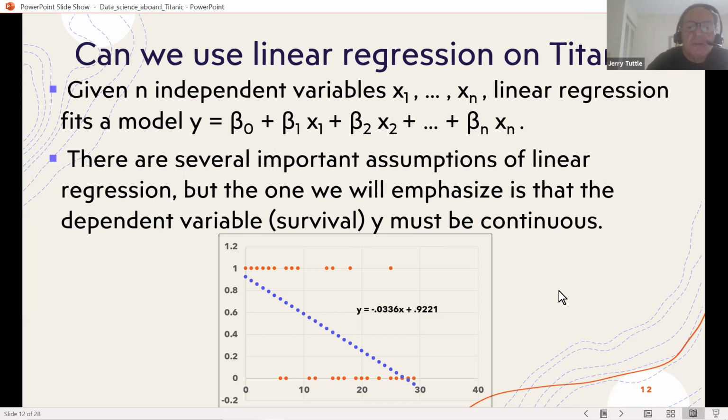It's not continuous. And linear regression would fit a continuous linear expression, and the expression would go below 0 and past 1. So linear regression is not an appropriate tool for something like this where we have a categorical dependent variable.